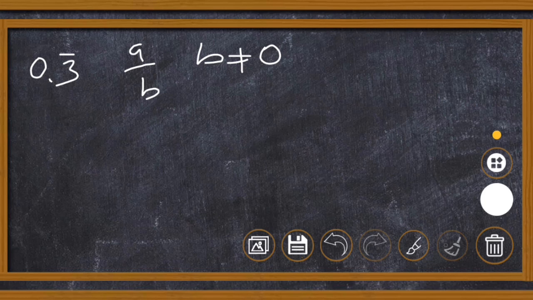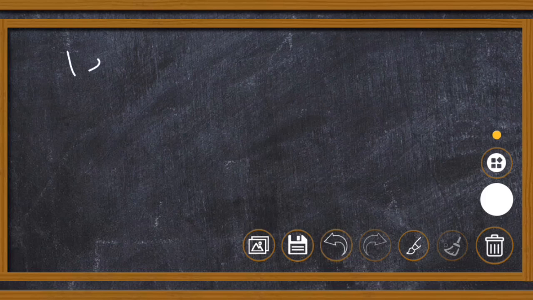So how can we express this decimal number in the form of this fraction? How can we do that? The first step is to let this decimal number equal to what? x. So we say let x equal 0.3 with a bar. The next step is multiplying by the number of figures the bar has covered.